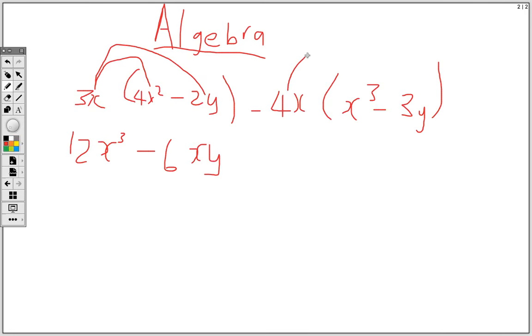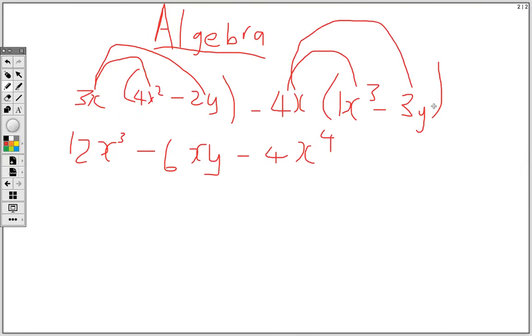Then negative 4x times x cubed. So we have a 1 in front of this x cubed. So we say negative 4 times 1 to give us negative 4. And x times x cubed gives you x to the 4th. Then we multiply negative 4x times 3y.